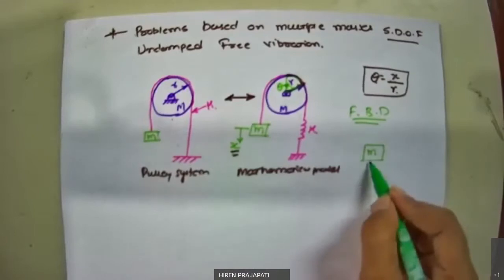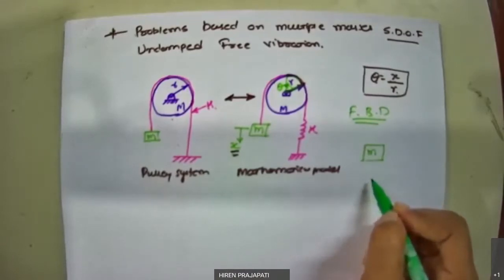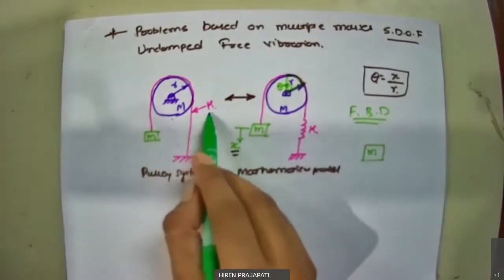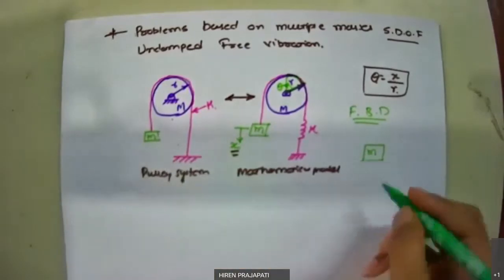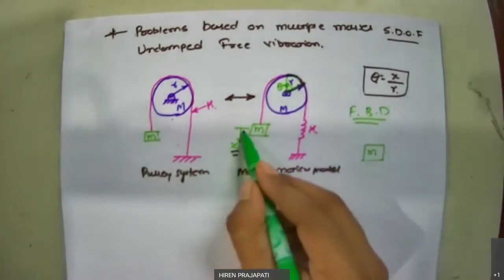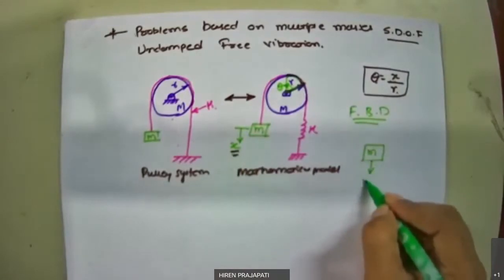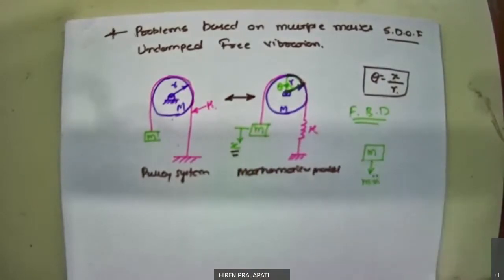I'm not considering gravity acceleration, because in previous sessions we have already discussed that gravity is already overcome by the initial deflection of spring k. So we are ignoring this. Now we are moving this mass downward, right? So the inertial force will be m x double dot downward.